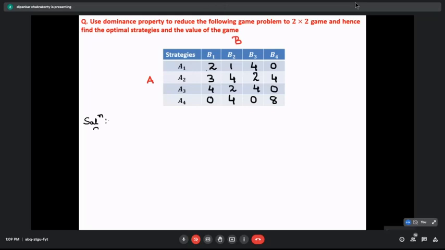Just see A1: 2140, and A3: 4240. So now what can you say?